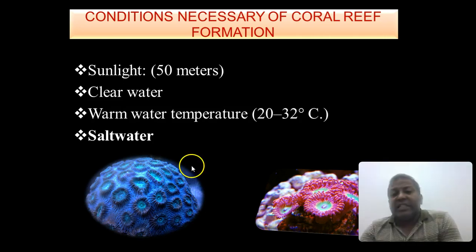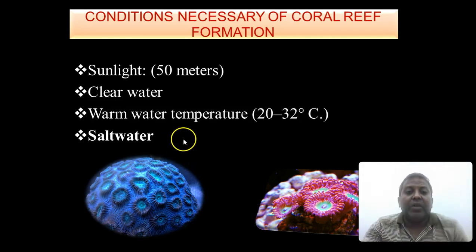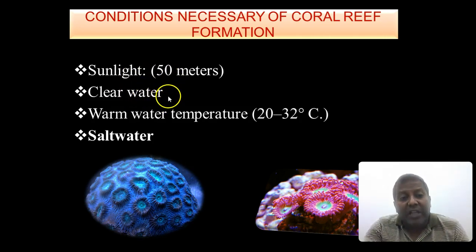So next, the conditions necessary for coral reef formation. Coral needs environmental as well as various physical parameters to grow in the sea water. So first of all, the sunlight, then the clear water. That's why corals don't grow in the estuary, where although the water is saline, coral doesn't grow because the water is not clear.